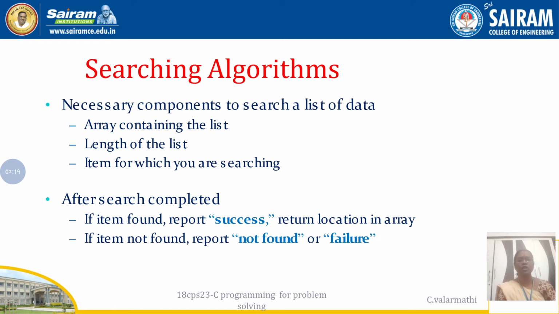If the item is found, we say the searching is success, and report the location. For example, if that item is found as the third element, we give that as the result. So these two are the output cases.